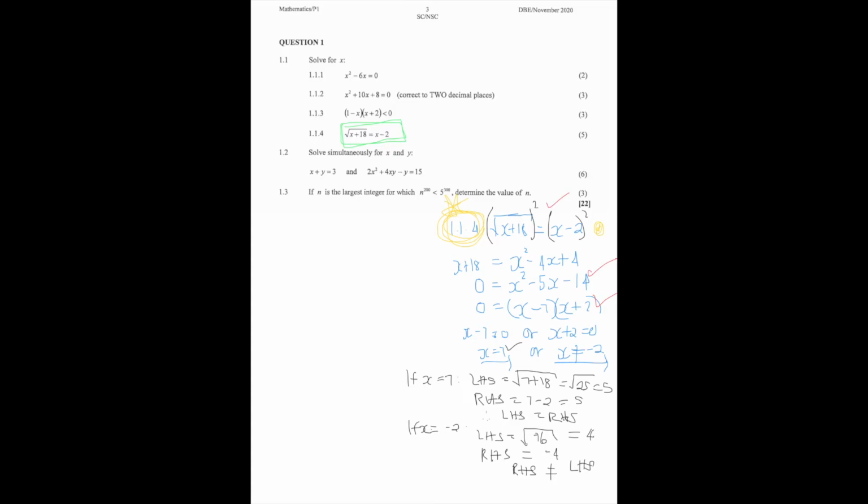And then lastly, your 2 marks will come from the correct values of x, particularly that x is not equal to minus 2. And that's how you get your 5 marks, and done with question 1.1.4.